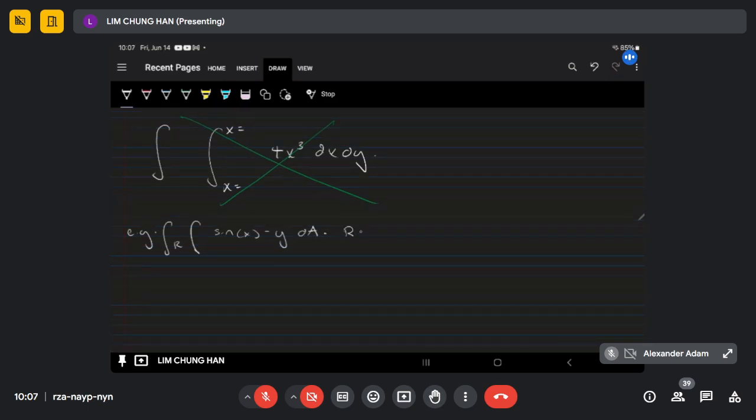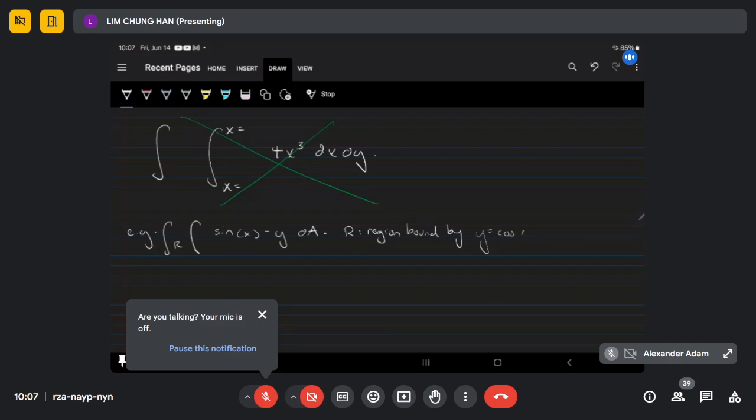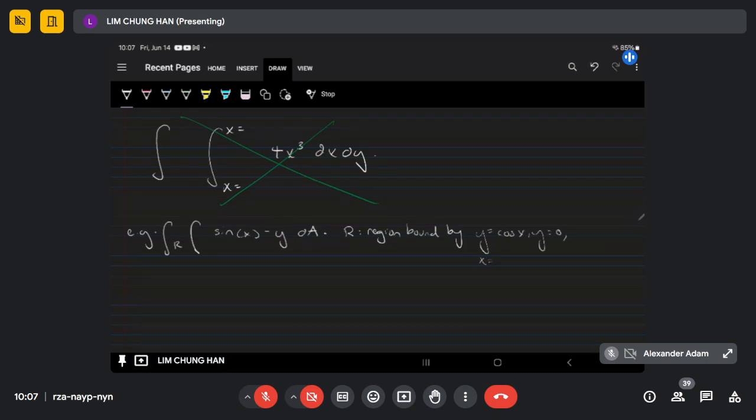So the region is bound by y equals cos x, y equals 0, x equals 0, x equals pi over 2. Okay.